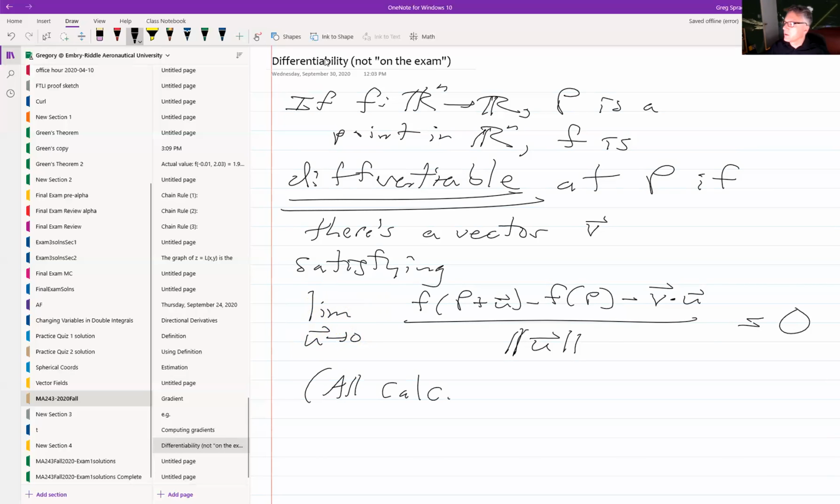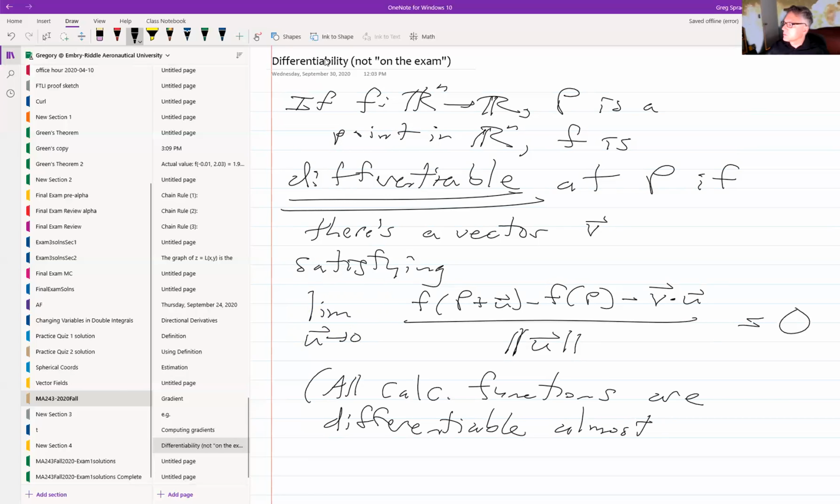So I'll just say that all calculus functions are differentiable almost everywhere. Occasionally a function might have a corner or something, but if it does, it'll just have like 1 or 2 corners.